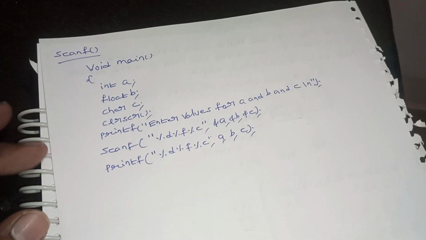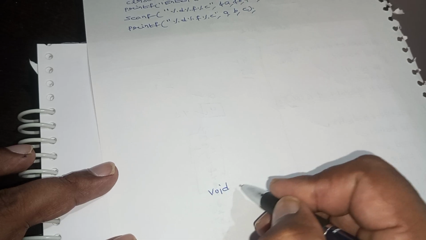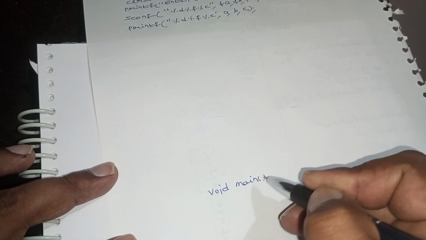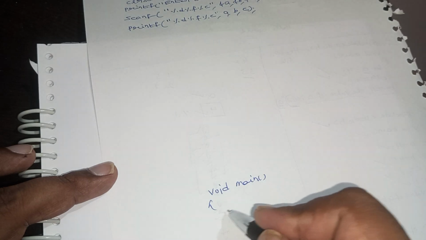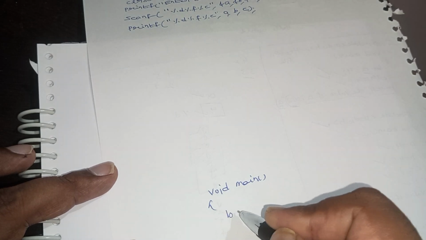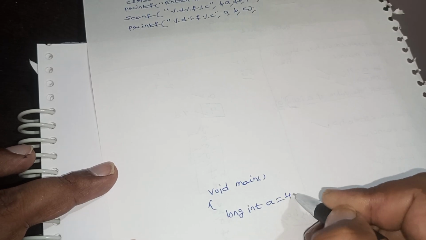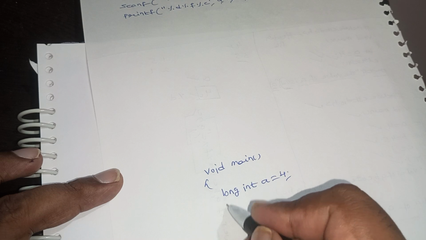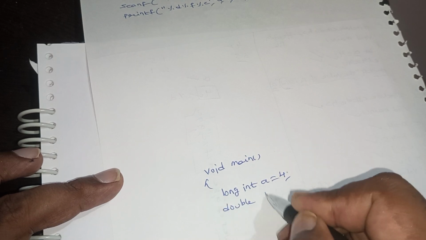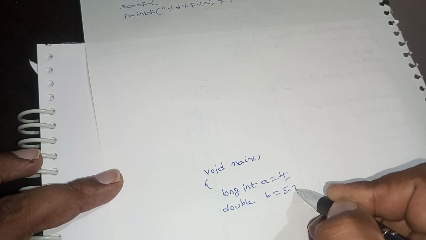Okay, so I will take one more example. For example, if I have void main, if I am having long int a equal to 4, if I have double b equal to 5.7.